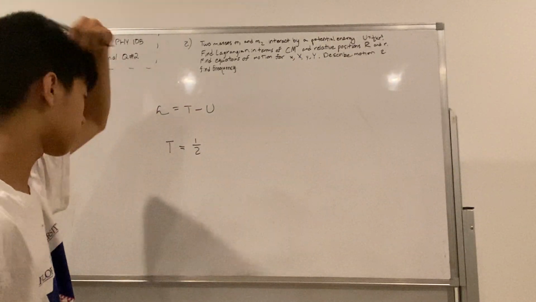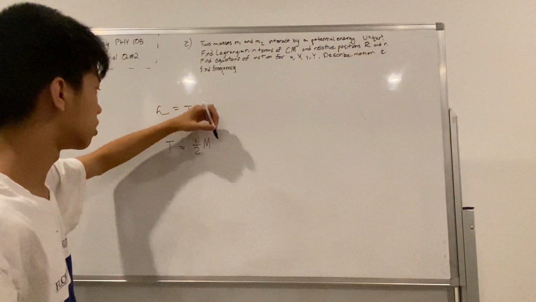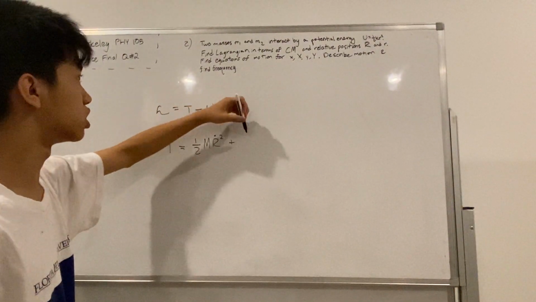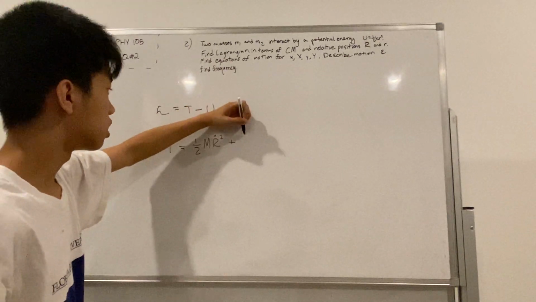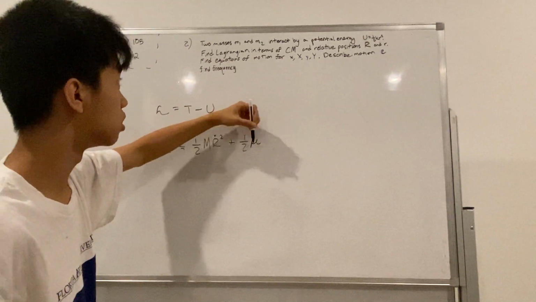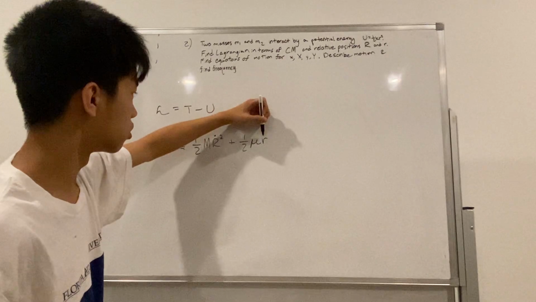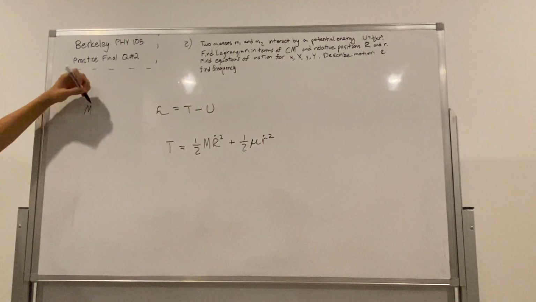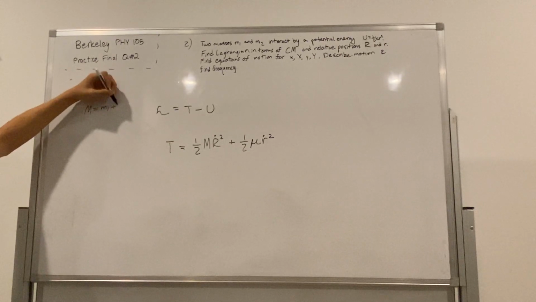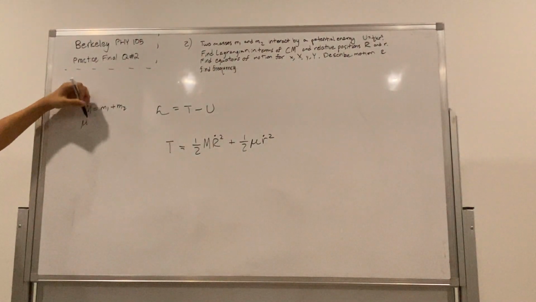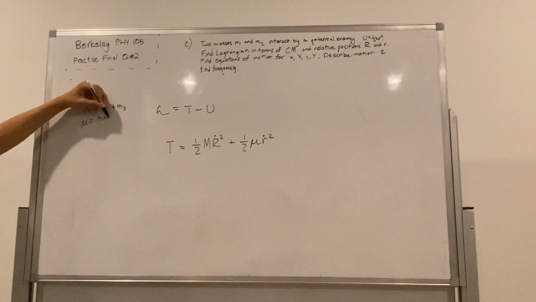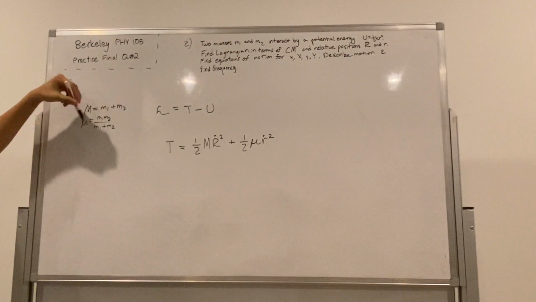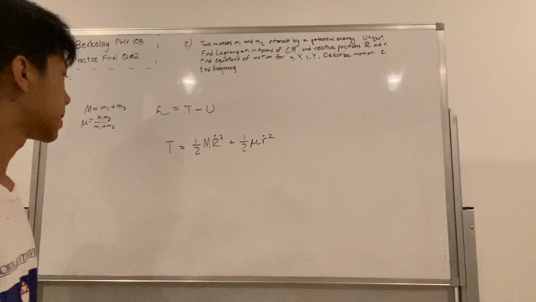So we have 1/2 times big M, big R prime squared, this time we use R instead of X, plus 1/2 mu little r prime squared, where we know M is equal to M1 plus M2, and mu is equal to M1 M2 over M1 plus M2. I'll substitute it all in the end, don't worry.